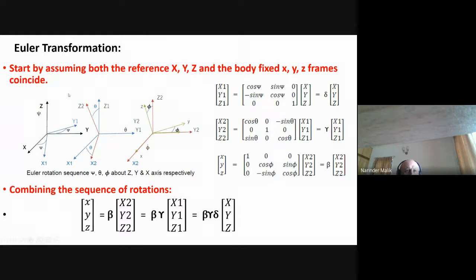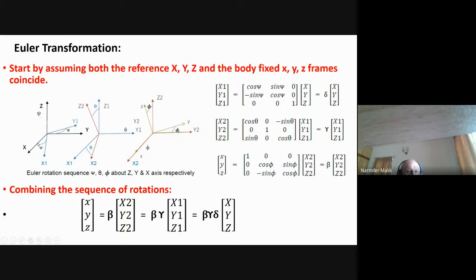A simple example: start by assuming both the reference x, y, z and body x, y, z frames coincide. Here x, y, z is the reference frame, and the body coincides with it to start with. Now I give a rotation to the body by angle psi, and the rotation rate about this axis is psi dot. Remember this.